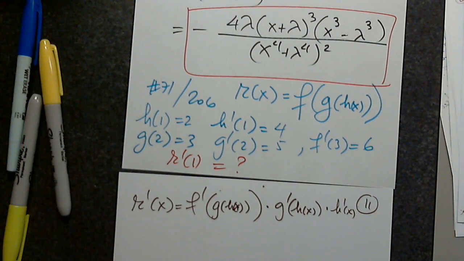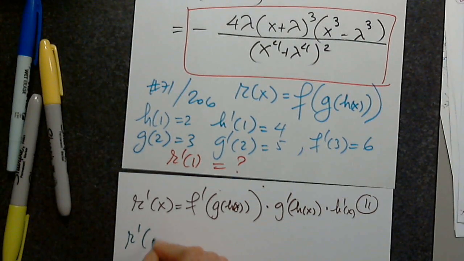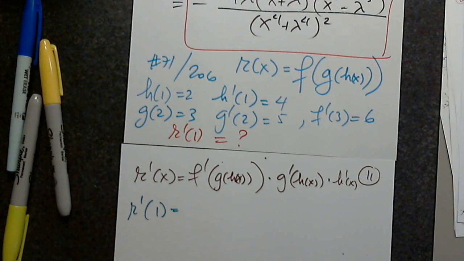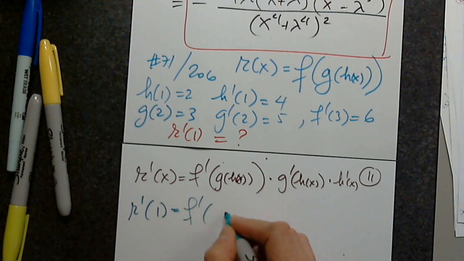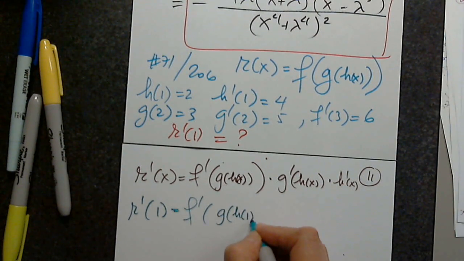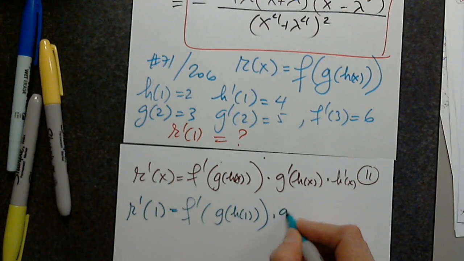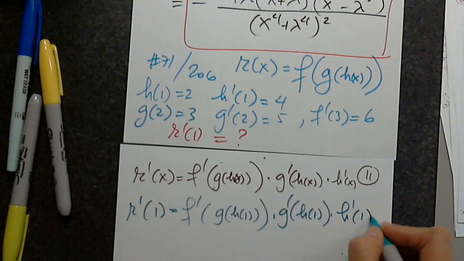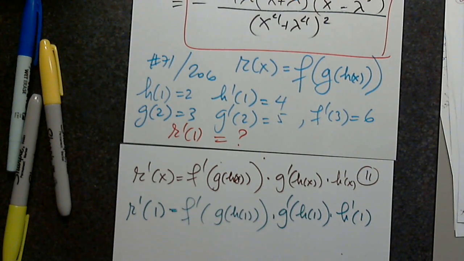Okay, now I'm ready to find R prime of 1. What will I do now? Replace the x with 1. So f prime of g of h of 1 times g prime of h of 1 times h prime of 1. Then you replace.